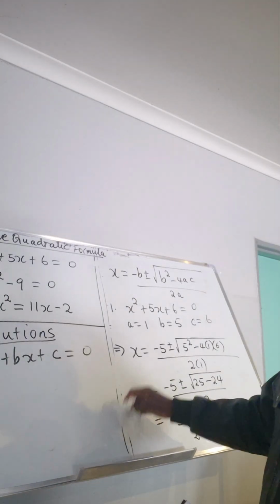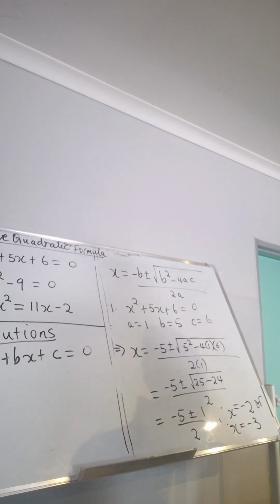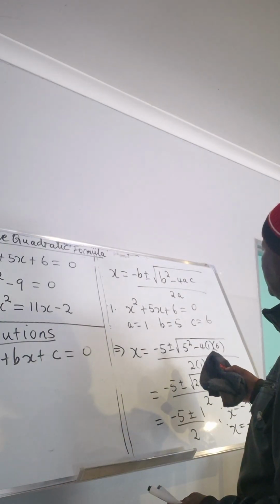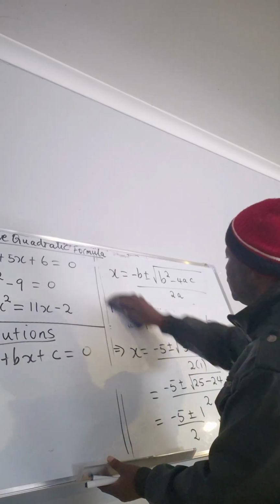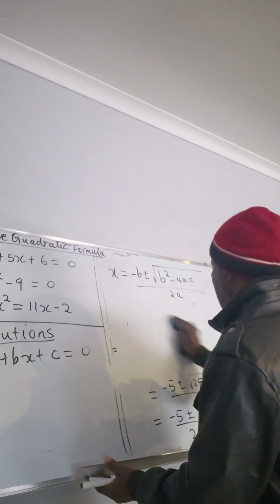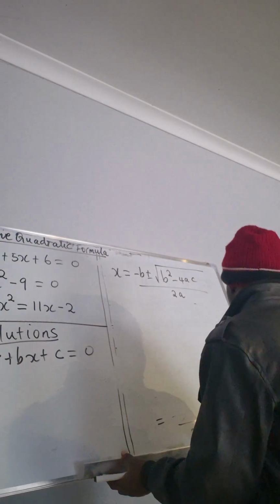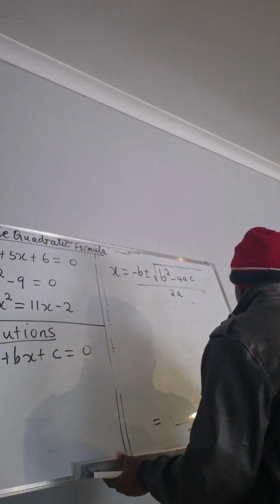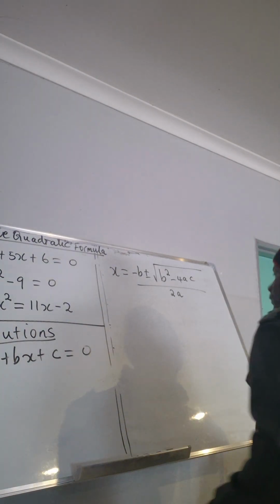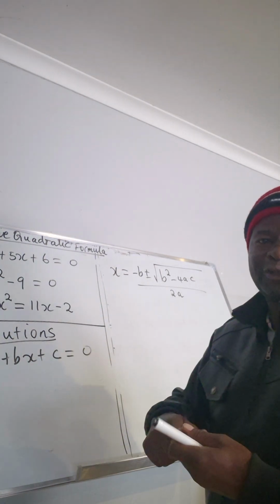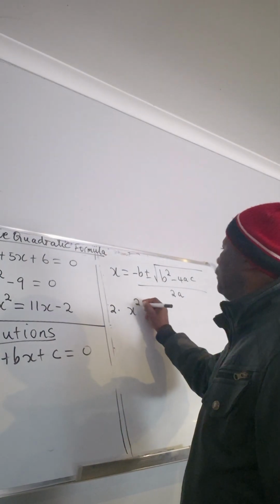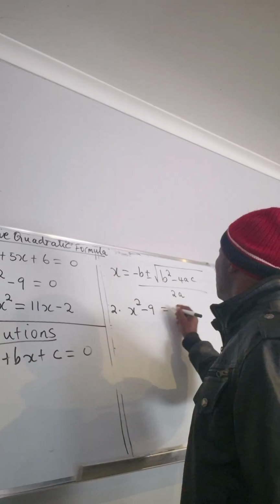Going to solution number 2, x squared minus 9 equal to 0.